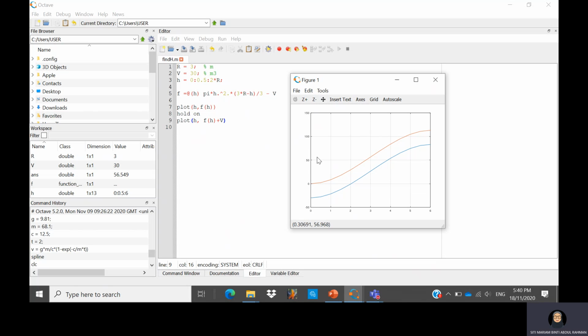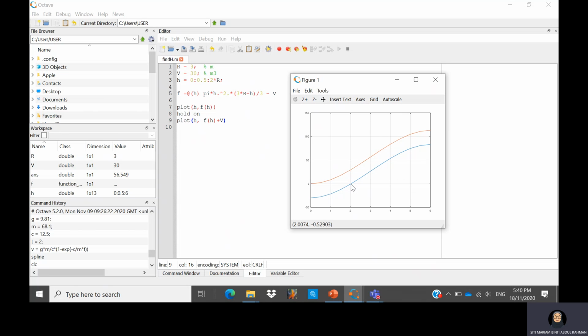If you want to do the graphical method for your own problem, what you need to do is lay down all the variables that you have, and then write the function. By plotting the function, you can see where it crosses the x-axis.